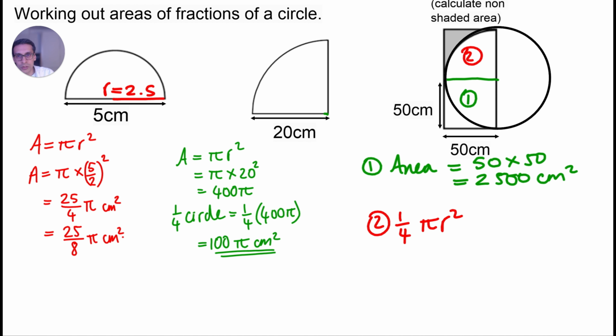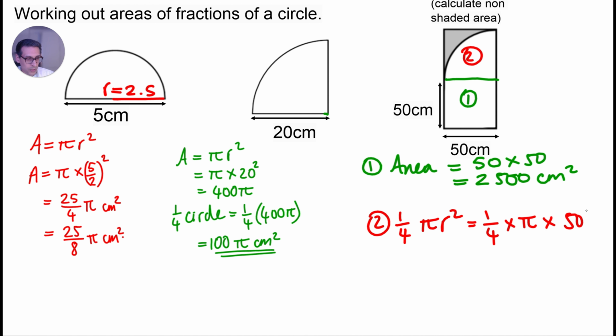So if we want a quarter, it's going to be 1/4 of pi r squared. The radius is 50. So the area equals 1/4 times pi times 50 squared.